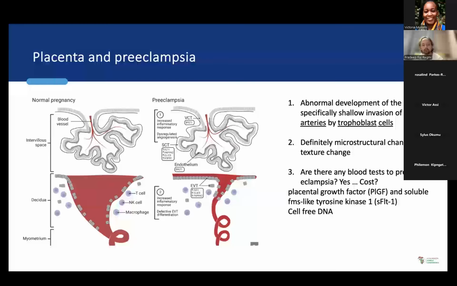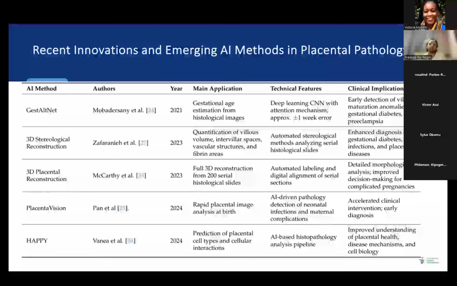And the placenta and preeclampsia are quite correlated. Preeclampsia is due to abnormal development of the placenta, and there are blood tests to predict preeclampsia, but in our peripheral part, cost is the issue. Placental growth factor, tyrosine kinase, and cell-free DNA tests cost many dollars for the periphery. So if we can prognosticate preeclampsia, we can definitely help. AI can definitely help.